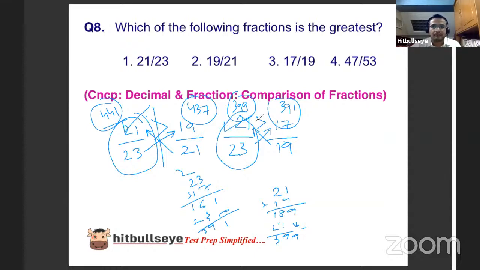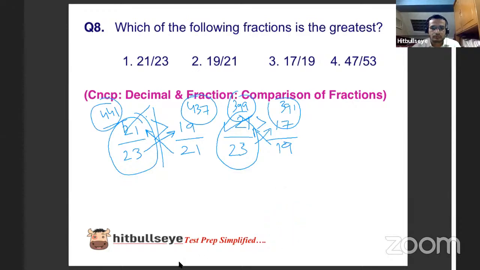Straight, I'll have my answer. I've checked with 1 and 2, I've checked with 1 and 3. Only the fourth option is left. Let's do that. I'll quickly clear this out. I have to just check with the fourth option.